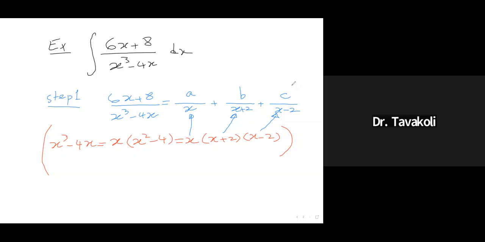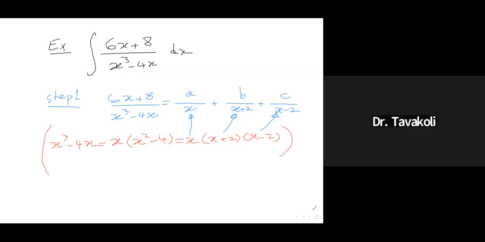So first of all, similar to the previous video, we get rid of the denominators on both sides by multiplying both sides with the denominator of the left. So let me rewrite what we have so far. So far we have 6x plus 8 over x cubed minus 4x. And as we know, x cubed minus 4x is factored as x times x plus 2 times x minus 2, as we saw here.